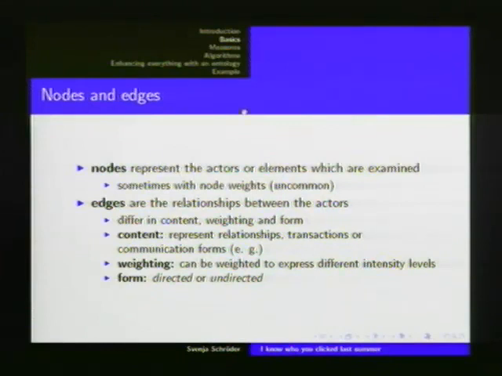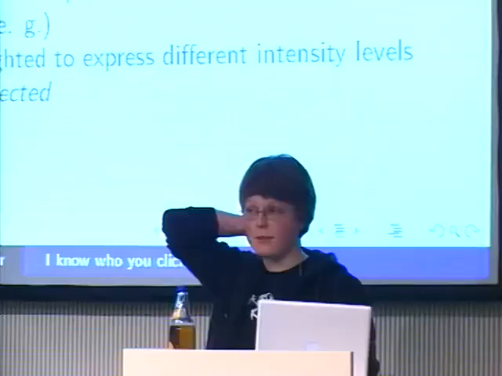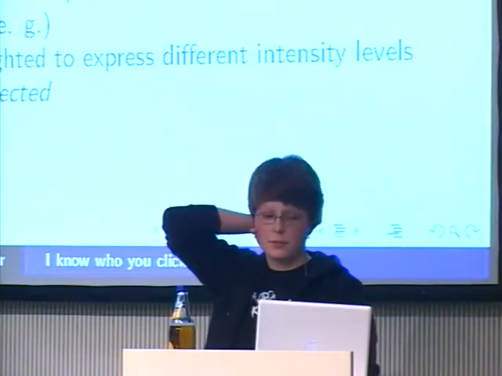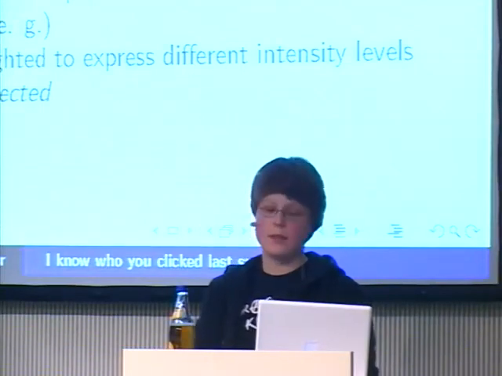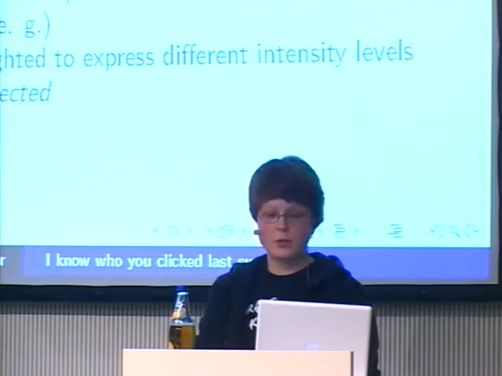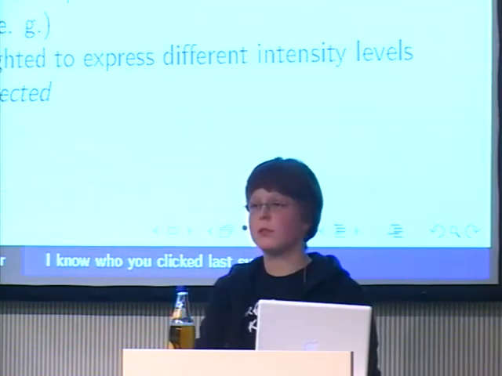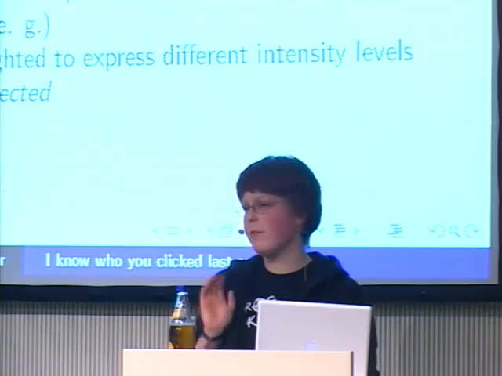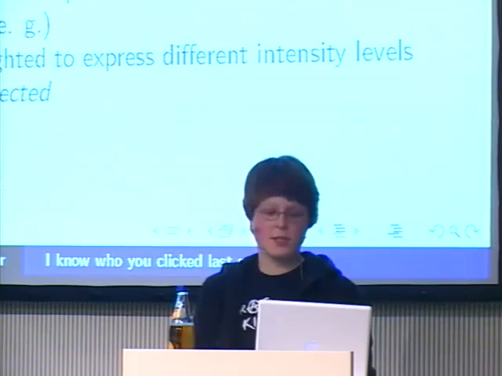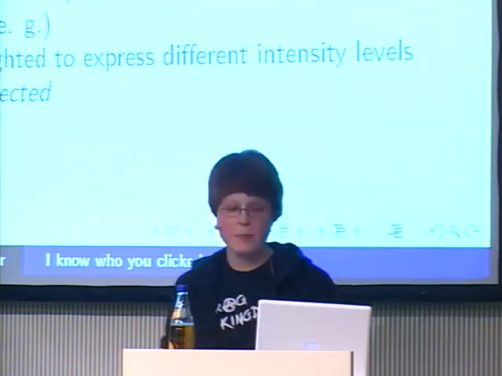So the edges represent the relationships between the actors, and they can differ in content, weighting, and form. Content means they can represent different relationships, like communication, like phone calls or Java messages, transactions, like who is sending a package to whom, or every other social relationship you can imagine.